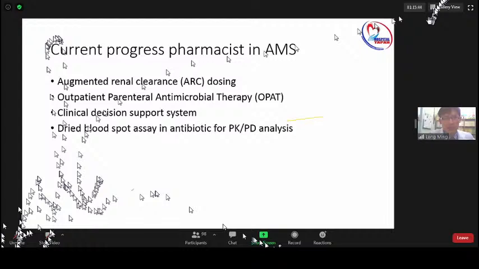So the only way is we go to the patient's place, or we teach the patients how to infuse the antimicrobial themselves. We calculate the dose for them, give them the infusion device, teach them how to inject, or send a nurse to them. This makes sure they can treat the infection properly and have a better quality of life. They can also go to work instead of coming to hospital just to inject one dose and stay for one night.